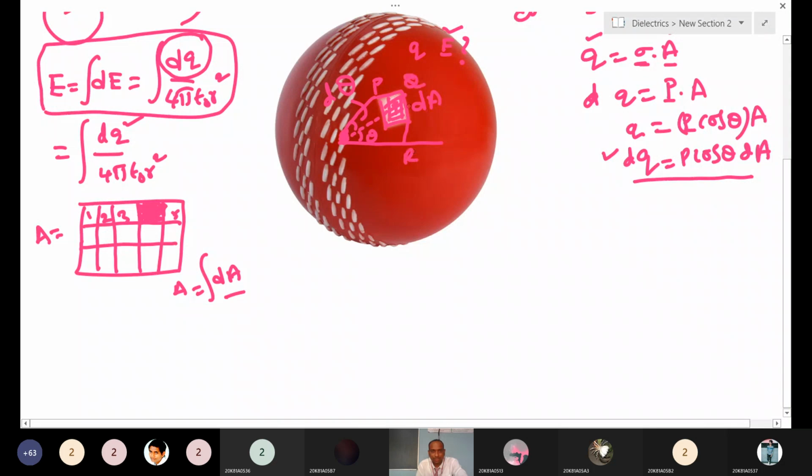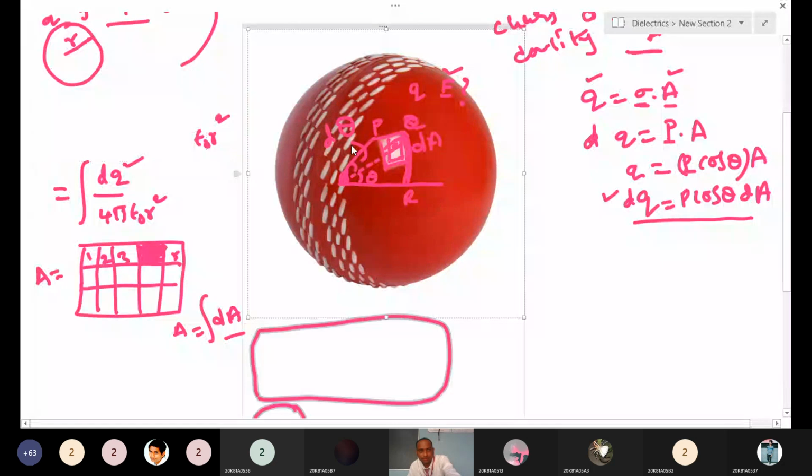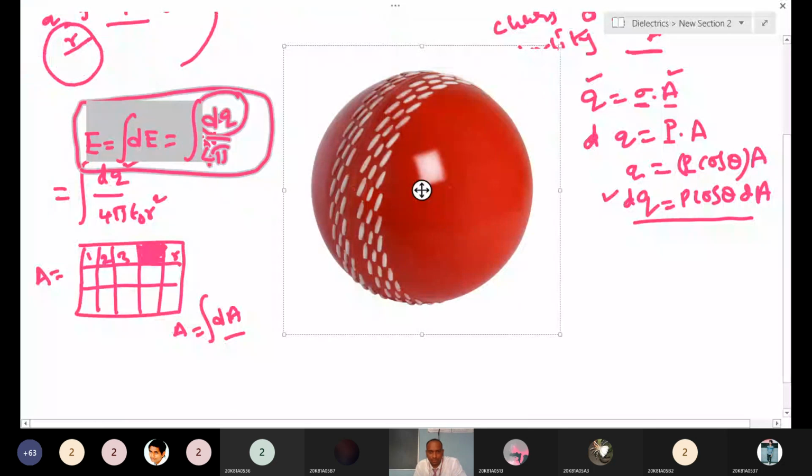If you take a small area, you can get a straight line like this, or you can take it this way also. Just a minute please. Here you can take this as the small area, and we are going to find dA.